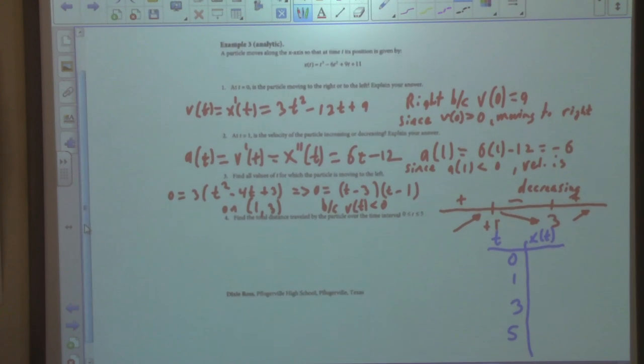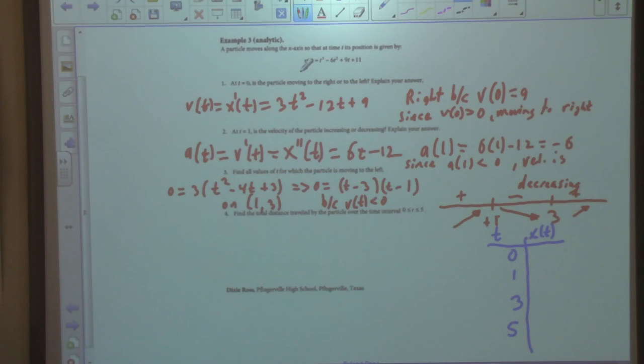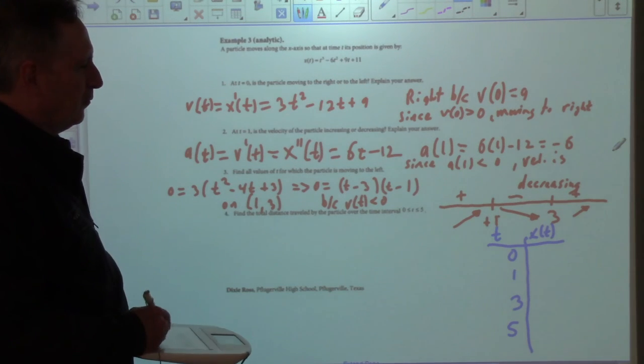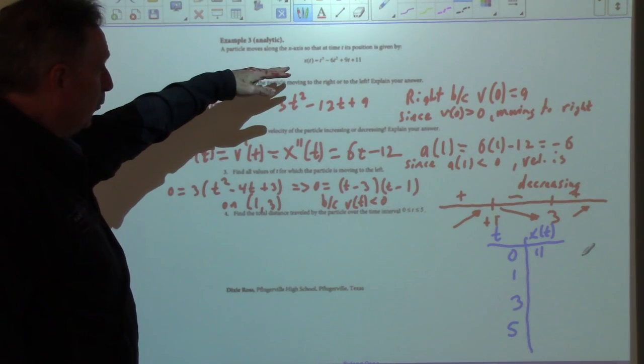Well, if we look at this equation right here, that's x of t, right? So what is our initial position here? 11. And what do we put in? 1.